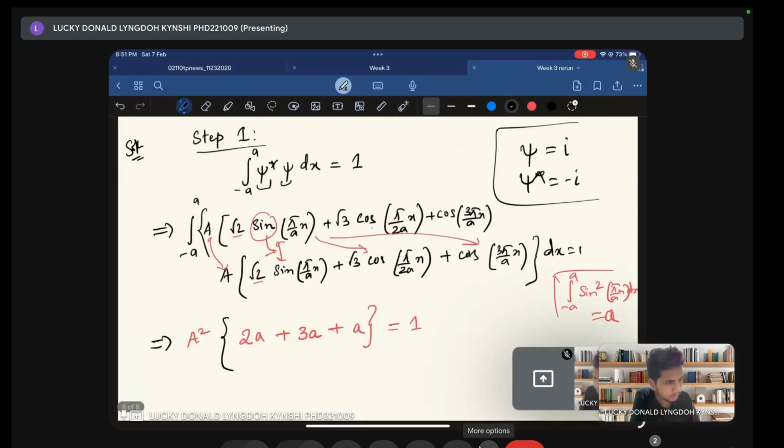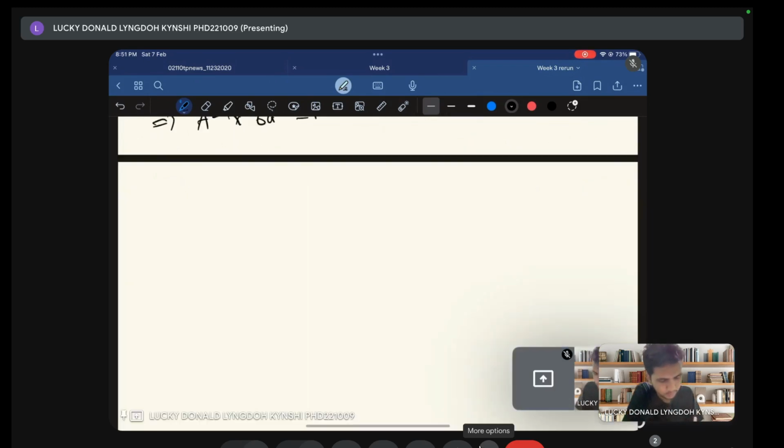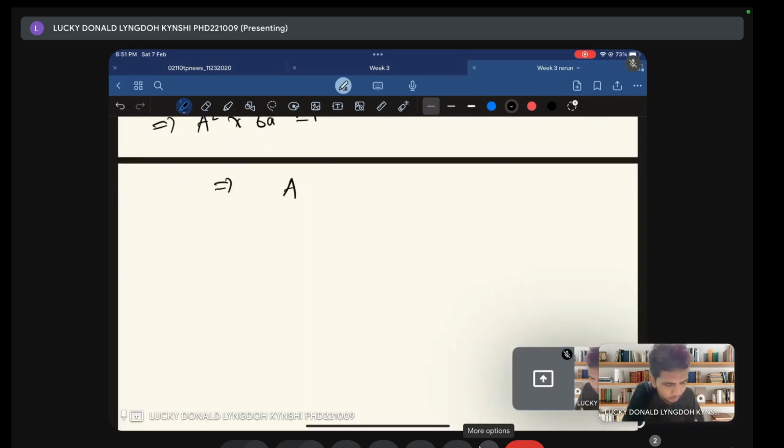Now if you look at it, we get a square into 2a plus 3a plus a equal to 6a, equal to 1. Then you can get a square equal to 1 by 6a, which implies that a equal to 1 by root over 6a. So once you know the normalization constant, you can replace back psi of x, whatever question is given.